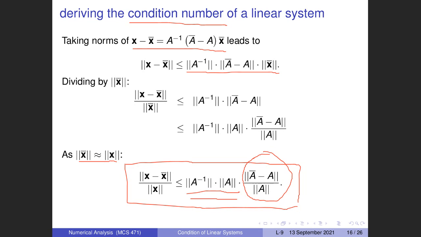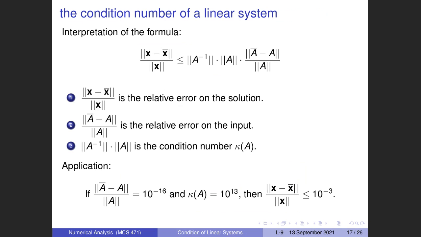Why is this an important slide? I spent quite some time explaining how we got to this inequality. I do not expect that you can exactly reproduce everything, but what will be necessary is that you can use this inequality to gauge the accuracy of a computed solution to a linear system.